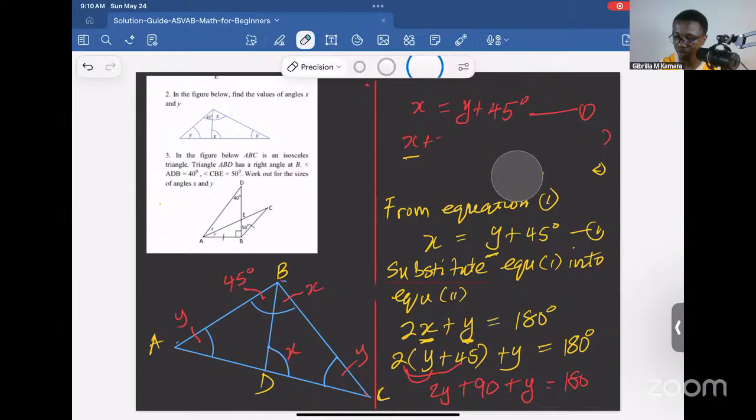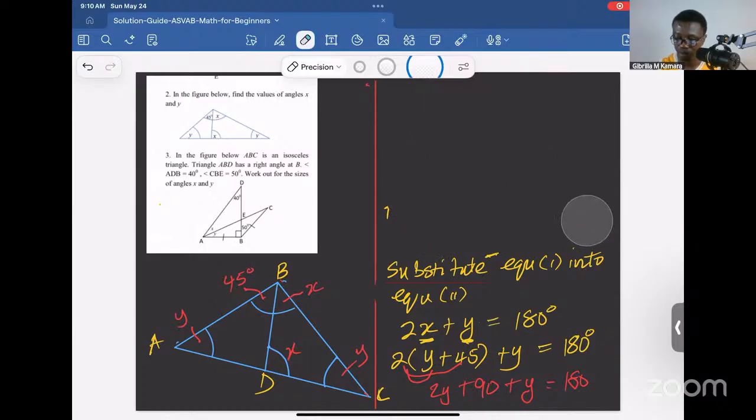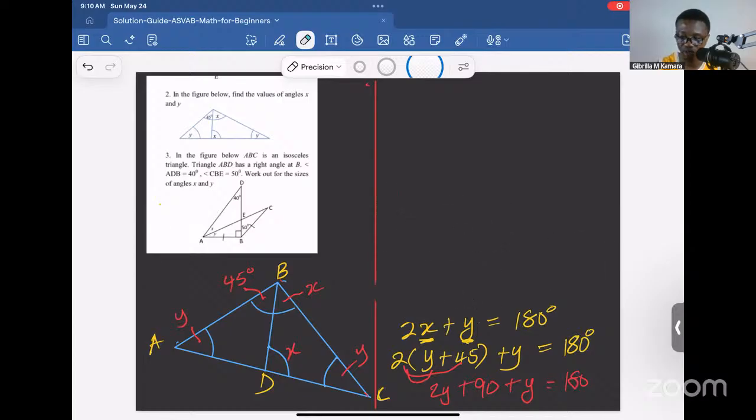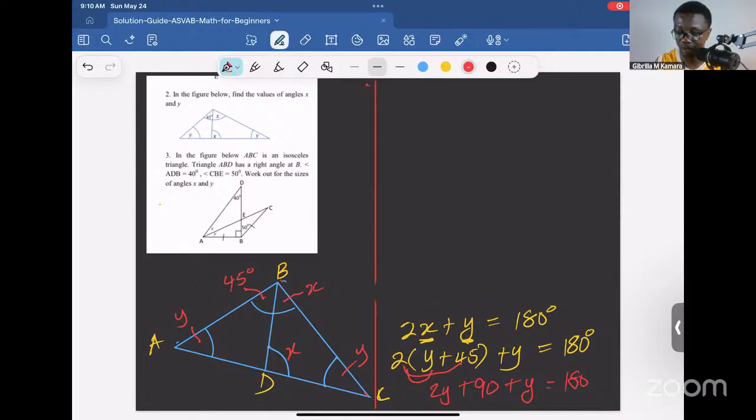Then if I take this one off, we have 3y. If you add, that gives you 3y plus 90 equals 180 degrees.